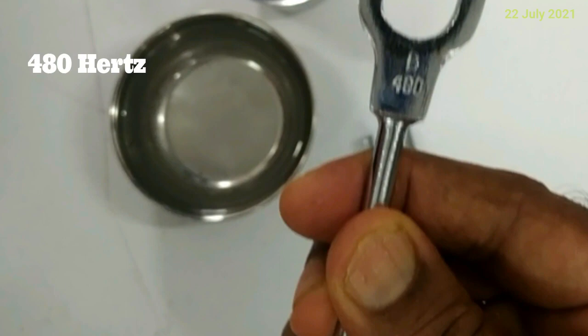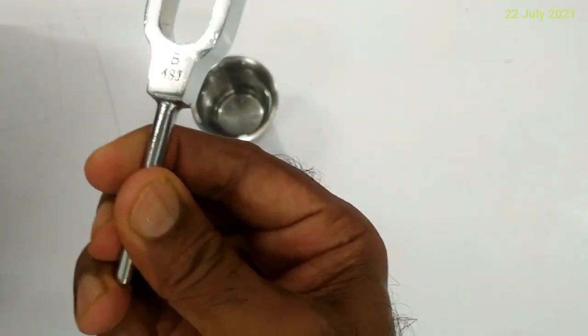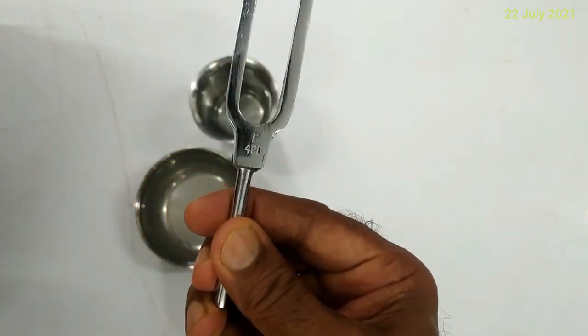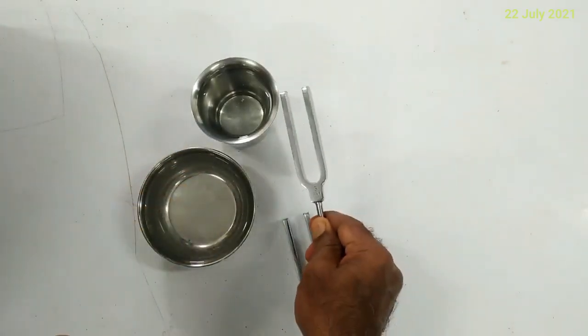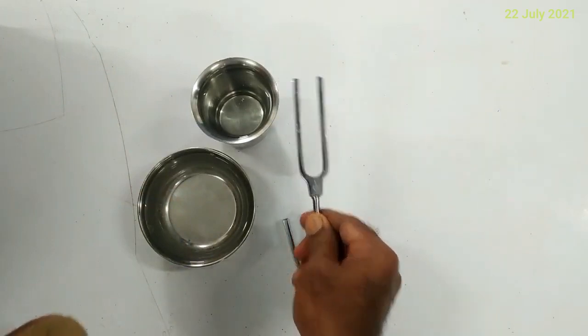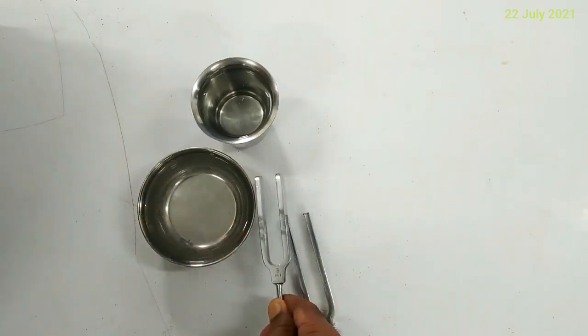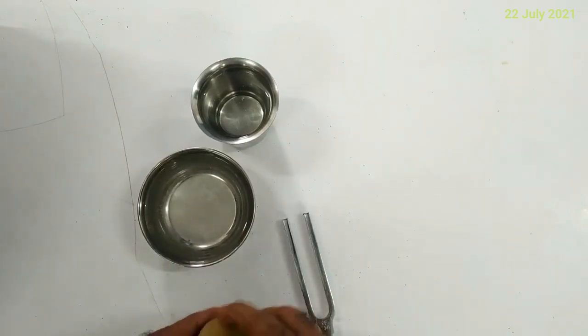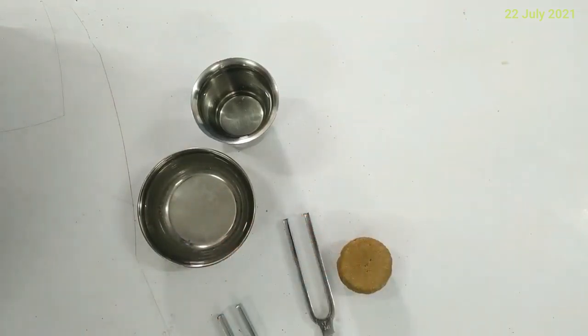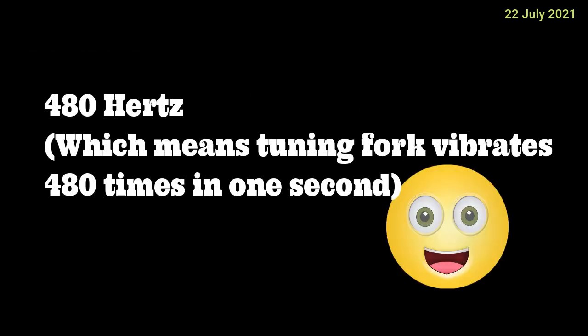It means this particular tuning fork vibrates 480 times in 1 second. How many times? 480 times. So the number which is written on it is its frequency, 480 hertz, which means 480 times it vibrates in 1 second.